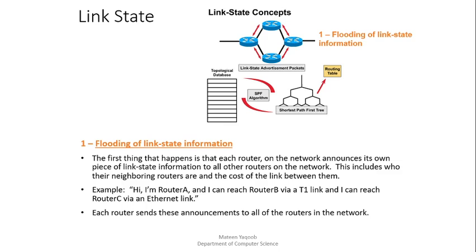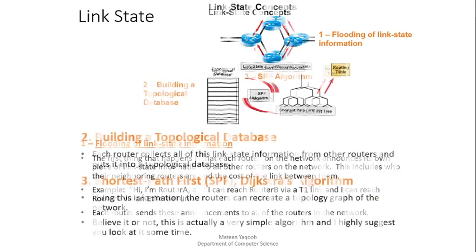For example, router A will send: hi, I am router A and I can reach router B through this link, and I can reach router C through this link. Each router will send this announcement to all the routers in the network. So it will be flooded, and it's a broadcast.